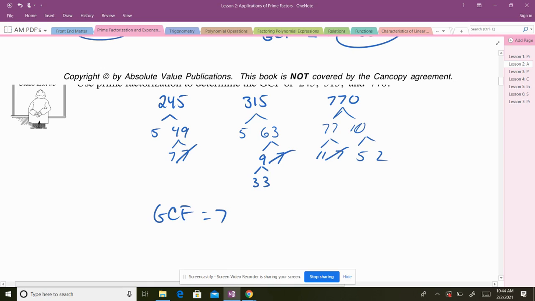Okay, 7. Anything else? 5. Is that it? So what's the greatest common factor? 35. Rock stars.